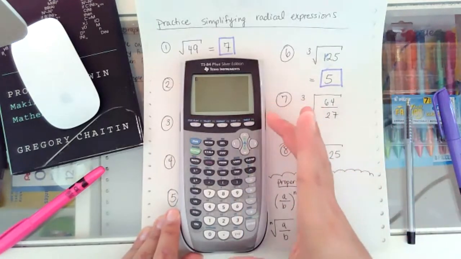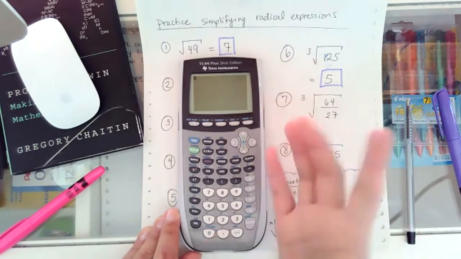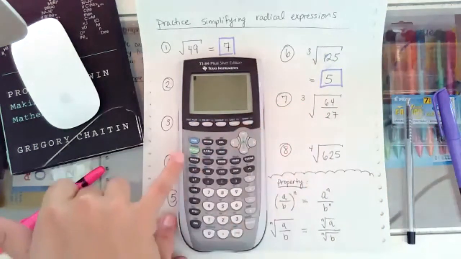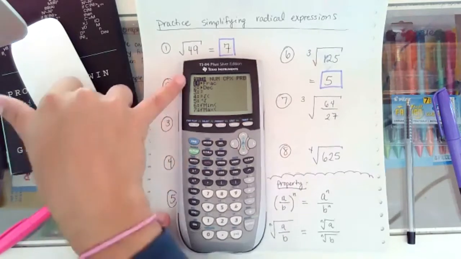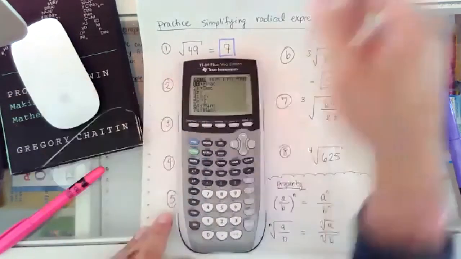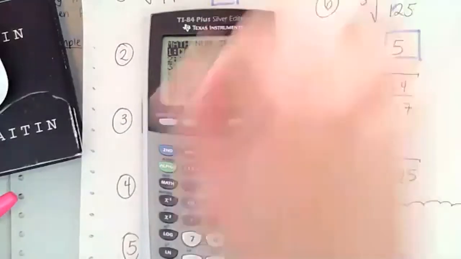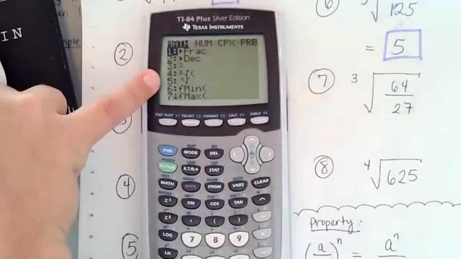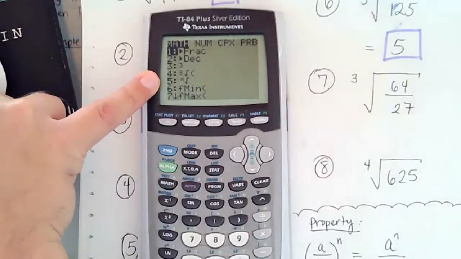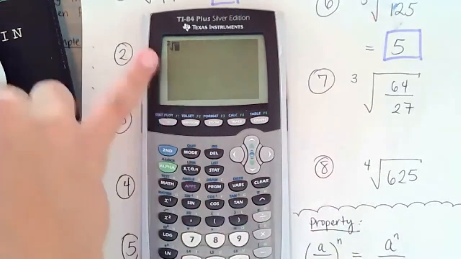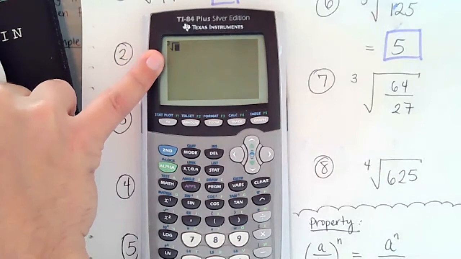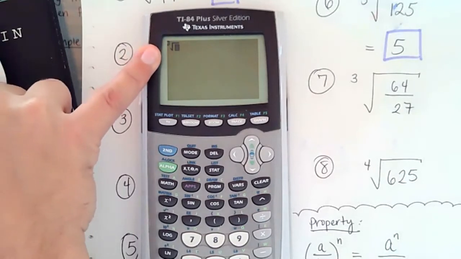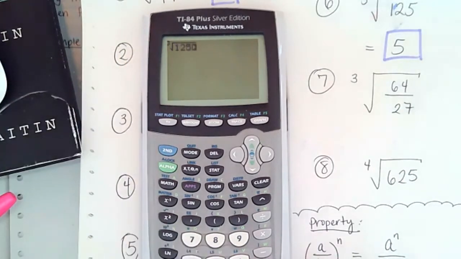So if you're using some comparable device that has cube roots, you would have to go to the math button, and then you would have to scroll down here in the options. Let me zoom in to option 4 so that you get the little 3, the little index of 3 outside of the radical. That is a proper cube root. And then we could just do 1, 2, 5 and get our answer, which is 5.